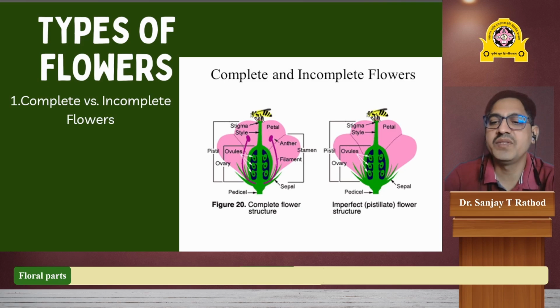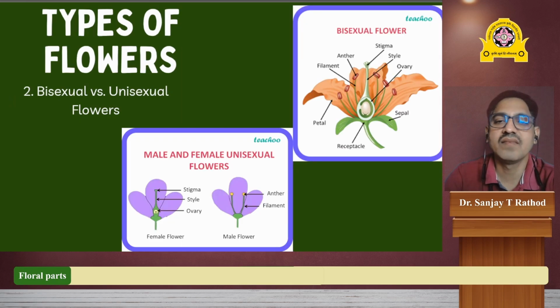Or you can call it the pistillate flower. That is only the female flower. The second is bisexual and unisexual. Bisexual means both the sexes are present in a single flower. That is, gynoecium is also there and androecium is also there. It means it is a bisexual flower.